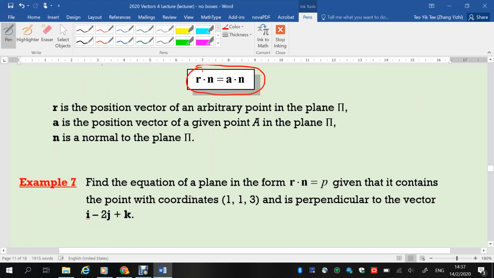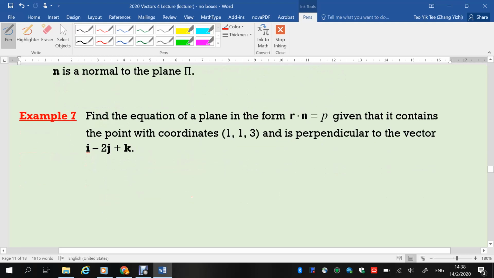To run you through this concept, I am going to use example 7, because there are numerical numbers. In this question, they ask for the equation of the plane in the form of R dot n equals to P. And this plane contains this point and is perpendicular to this 1, minus 2, 1.